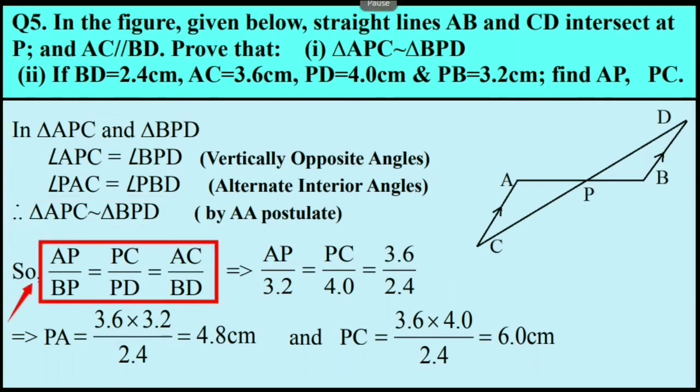So their corresponding sides ratio AP by BP, PC by PD and AC by BD are all proportional or equal. And in all these side ratios, the values mentioned above in the question are put here, and then we find the values asked for.